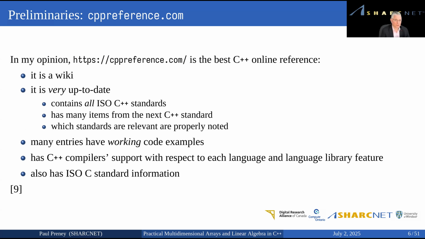If you don't already know about it, I have it in these slides: cppreference.com. In my opinion, that's the best C++ online reference you'll find, period. Everything's in there. All the standards, which standards, whether something has been deprecated or removed, and when. It's a very nice site. And it also has, not comprehensively, a lot of ISO C standard information as well.